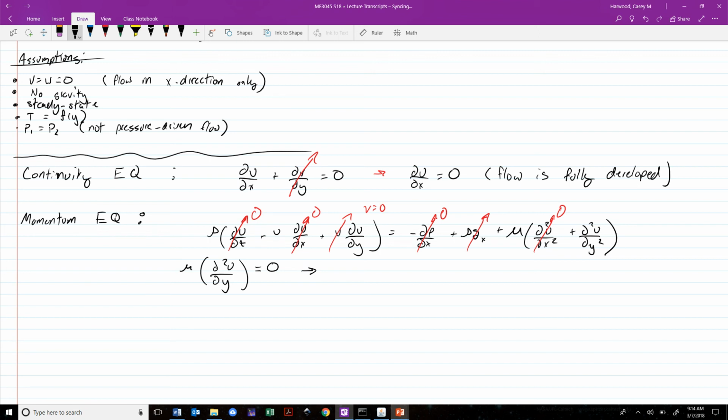We can divide through by mu and just end up with d squared u dy squared equal to 0. So u is going to have a general solution that looks like C1 y plus C2. Okay.